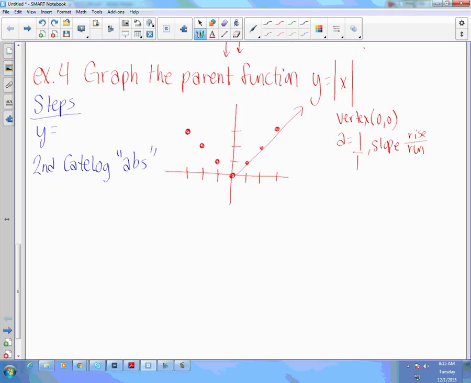So we just reverse the slope and it becomes a negative slope. One of the lines is positive, one of the lines is negative. If you need help drawing a straight line, you can use the edge of your calculator.